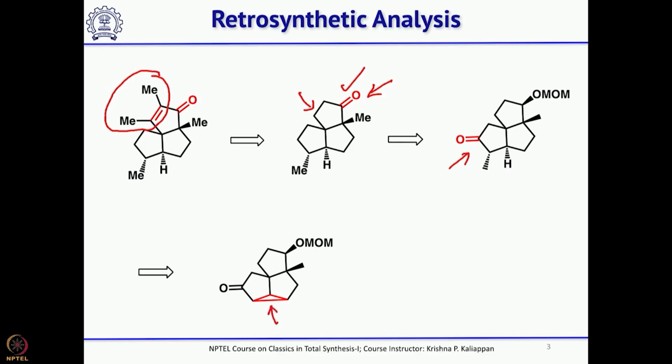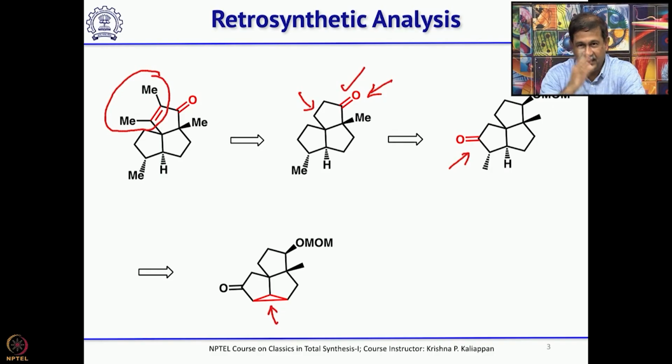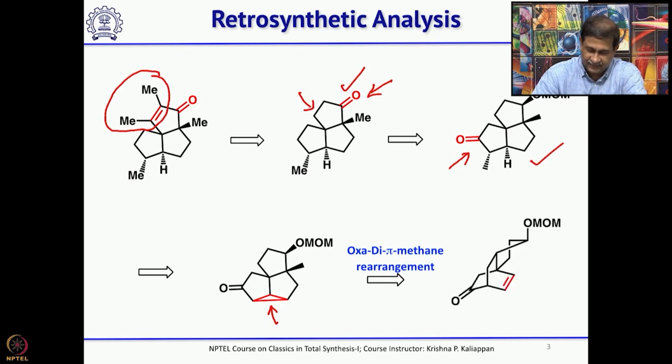So, this is formed through the oxo-di-pi-methane rearrangement, and reductive opening of this cyclopropane followed by quenching with methyl iodide, you will get this intermediate. The key reaction here is the oxo-di-pi-methane rearrangement of this tricyclic compound.